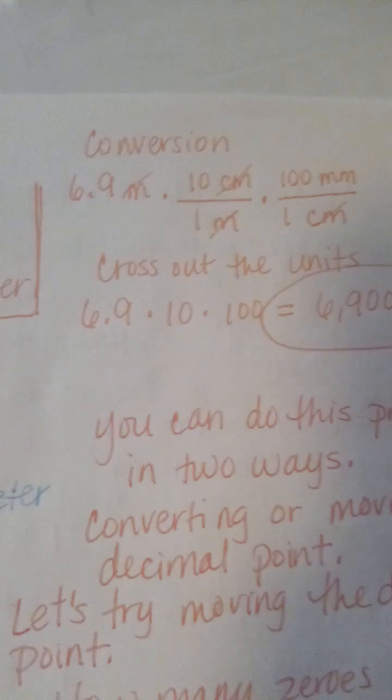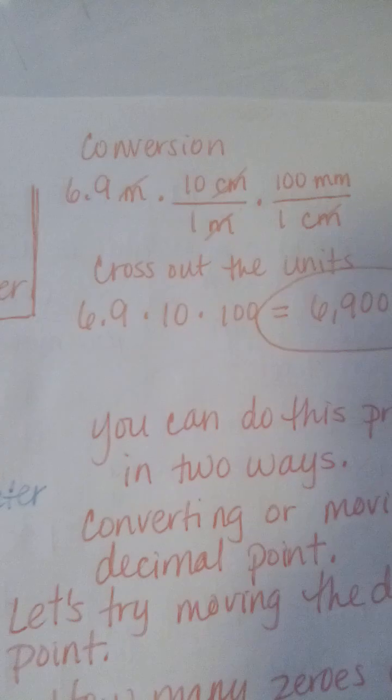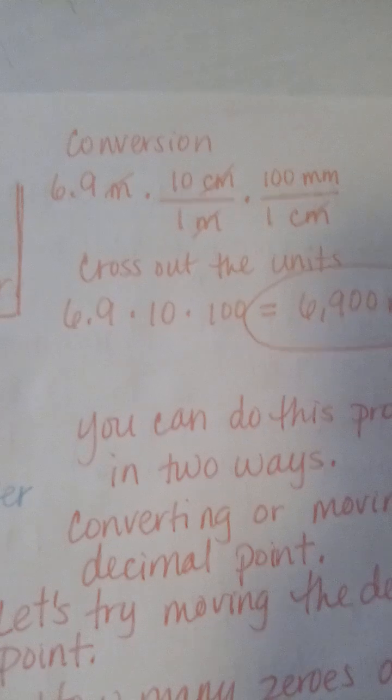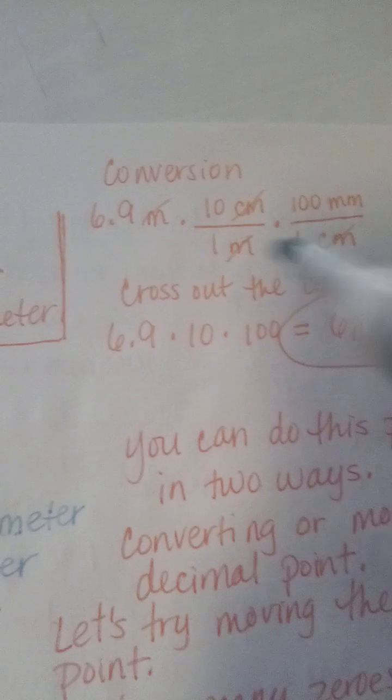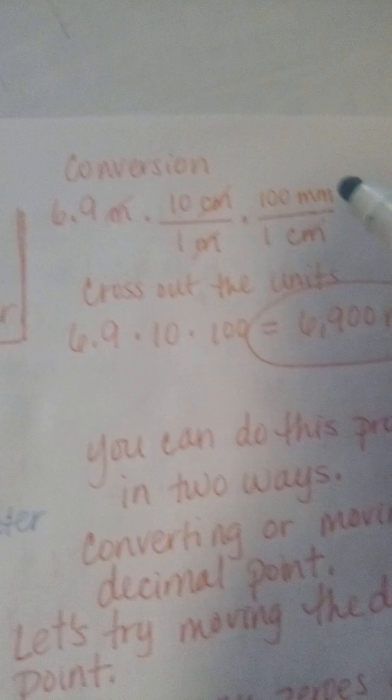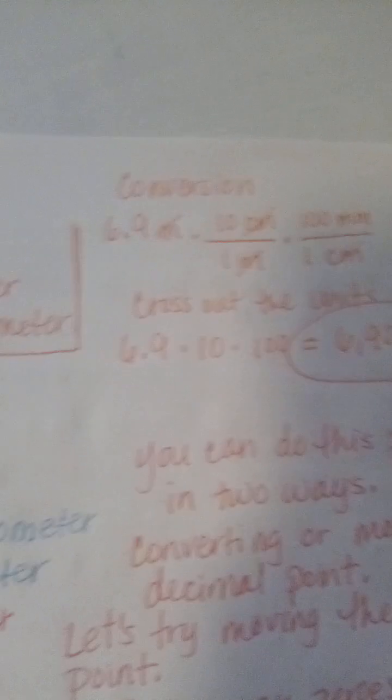But it's okay. It all evens out. On the notes, I put in 6.9 times 10 centimeters over 1 meter times 100 millimeters over 1 centimeter. Actually, it's supposed to be 100 centimeters over 1 meter and then 10 millimeters over 1 centimeter. My apologies. So make sure you make the correction, okay?